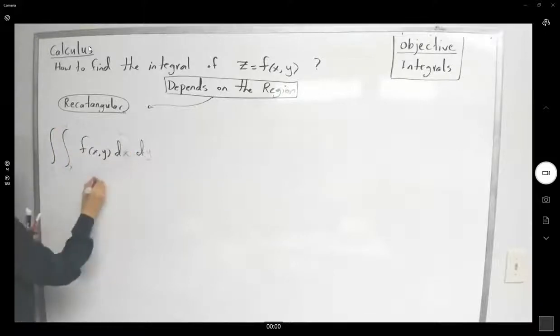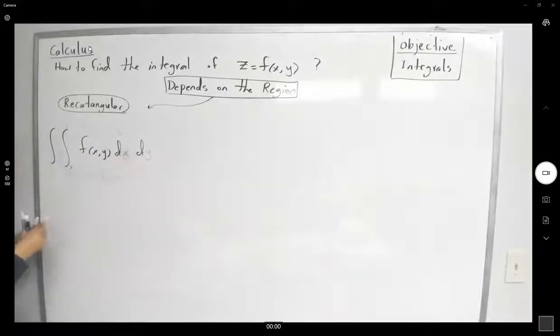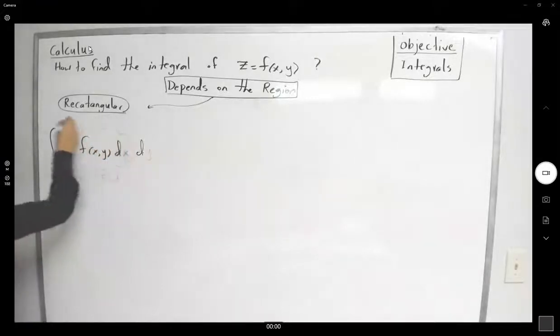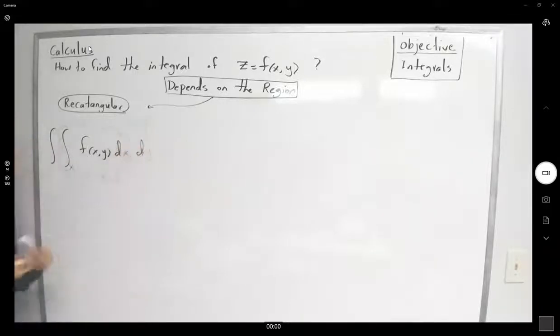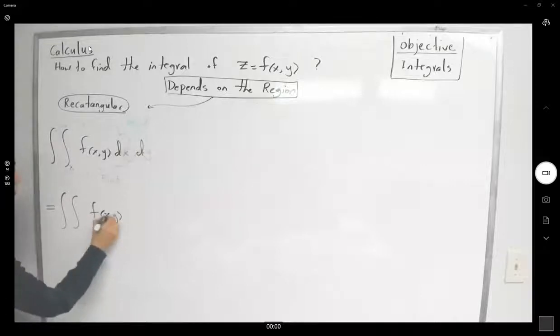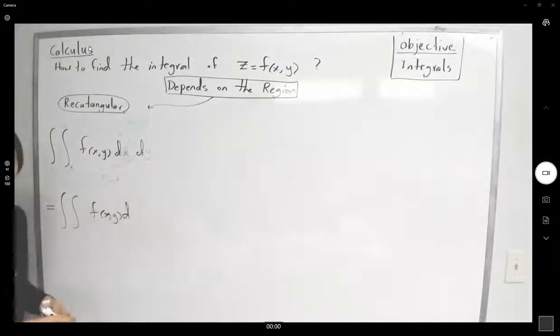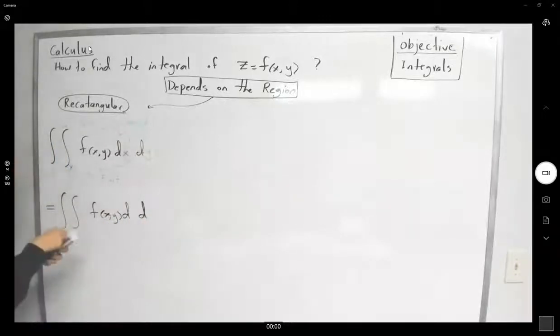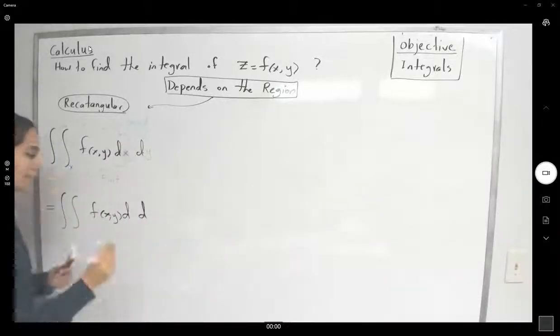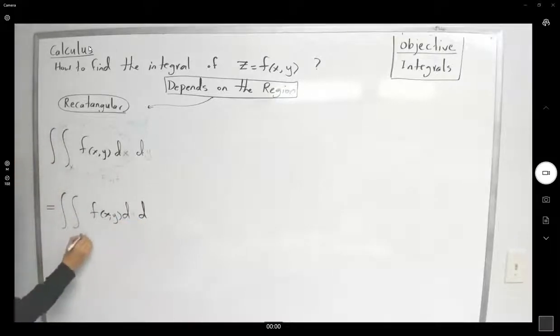First this guy. Then the second step is to find the outer integral. This is the second. No matter the order of integration, this is always equal to taking the double integral with respect to y, then with respect to x. It doesn't matter at all. You must get the exact same value.